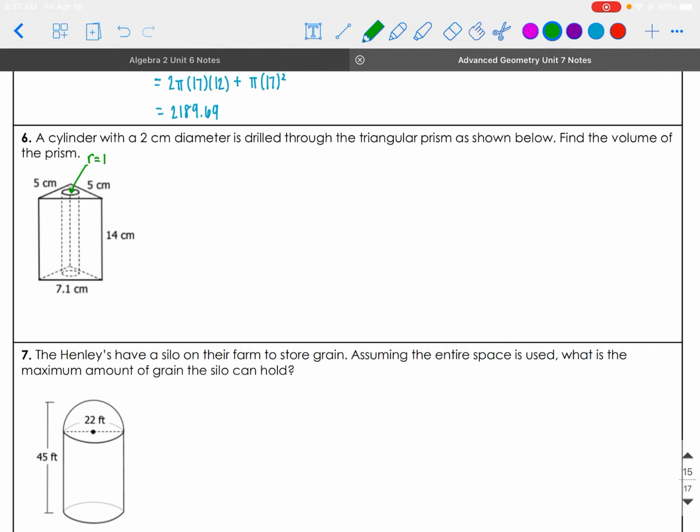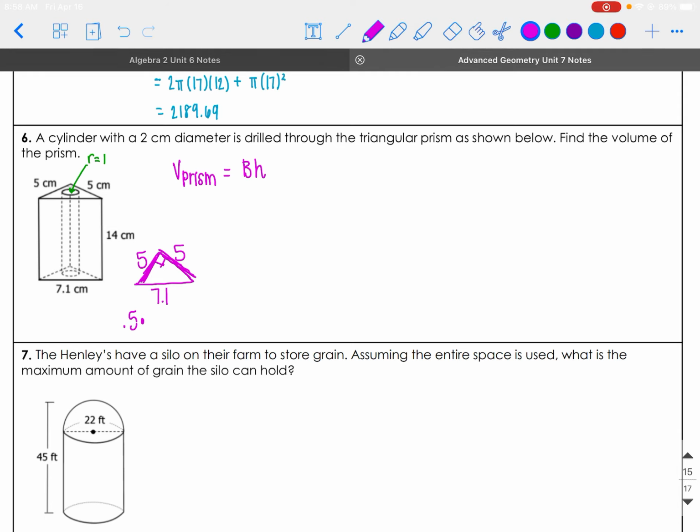All right, so let's look at the volume of the prism first. That's area of the base times the height. So my base is a right triangle. And we don't have to do Pythagorean theorem or anything. So the area of the base, it's half.